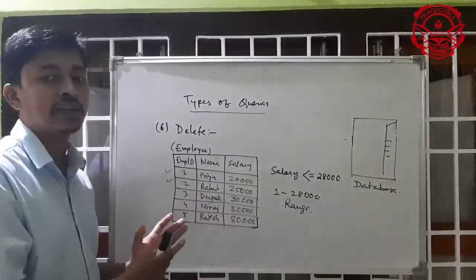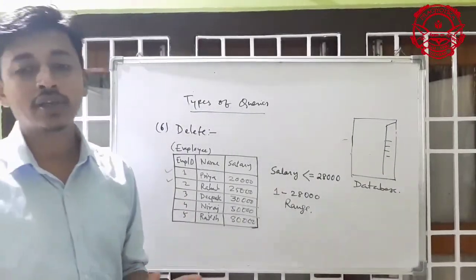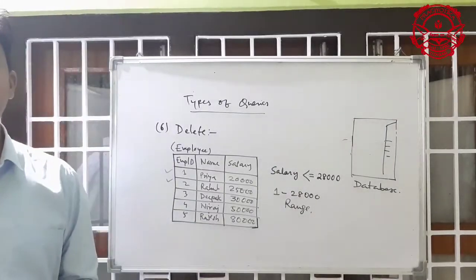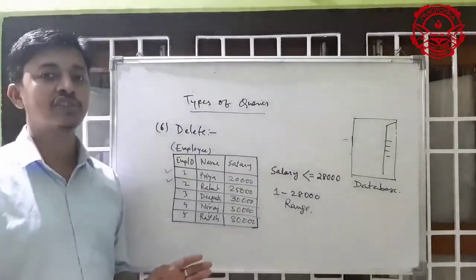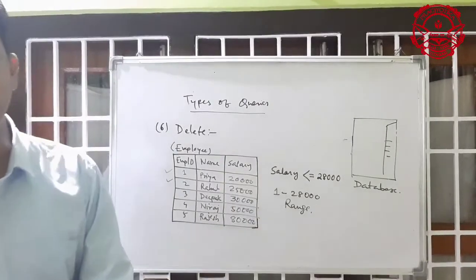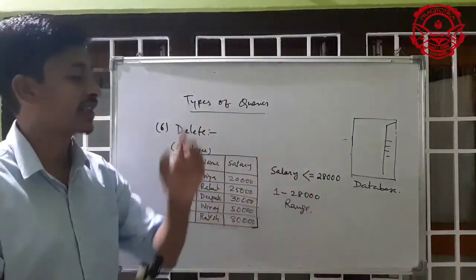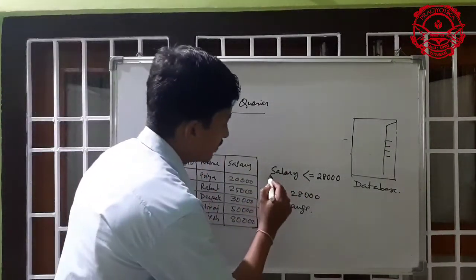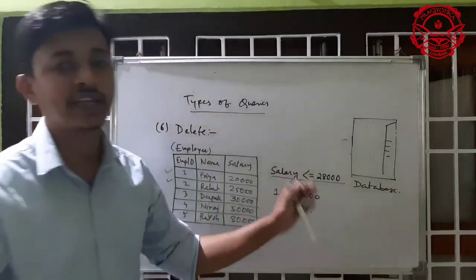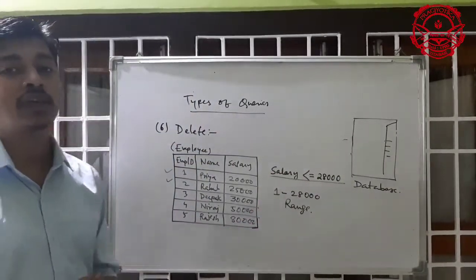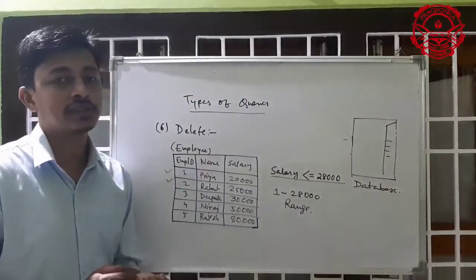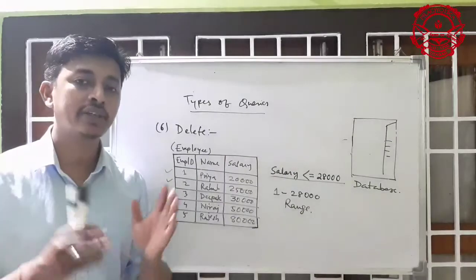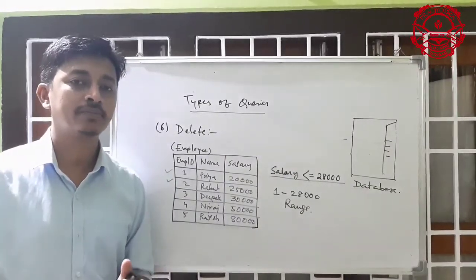So the delete query is very important. The delete query deletes information that matches the deletion criteria. This is the criteria. You have to match this criteria, otherwise it is not going to be deleted from the database, because deleting a record is very sensitive.